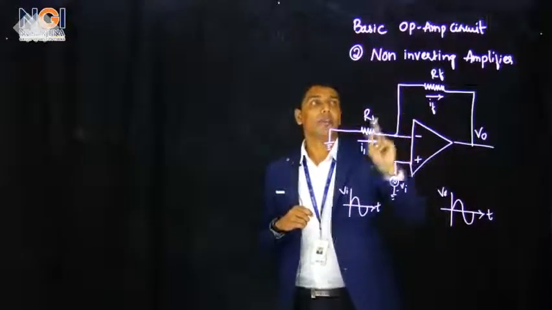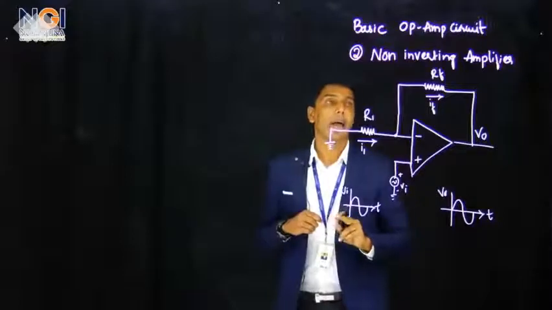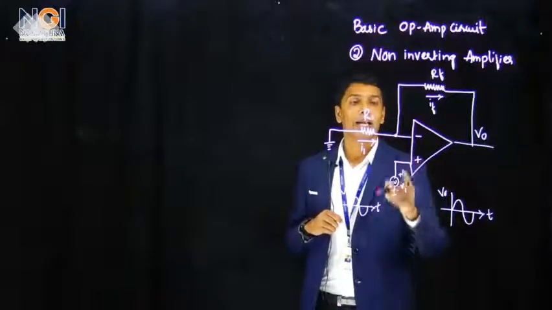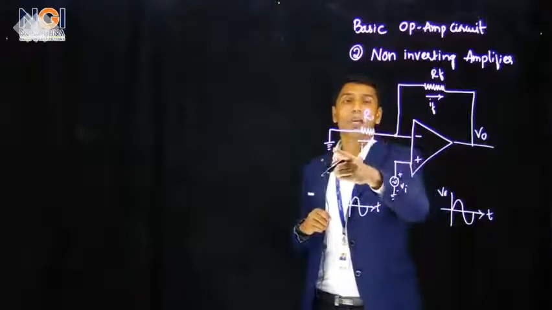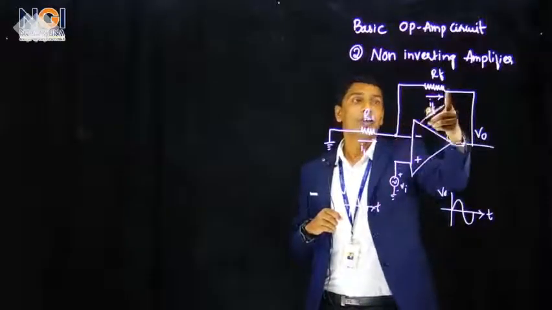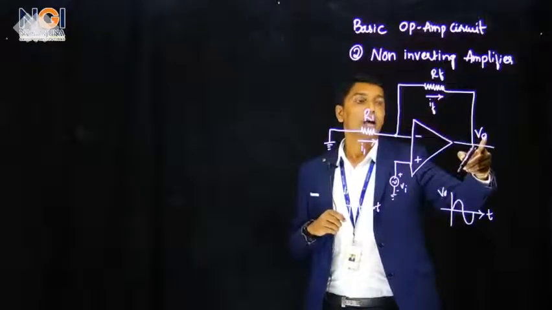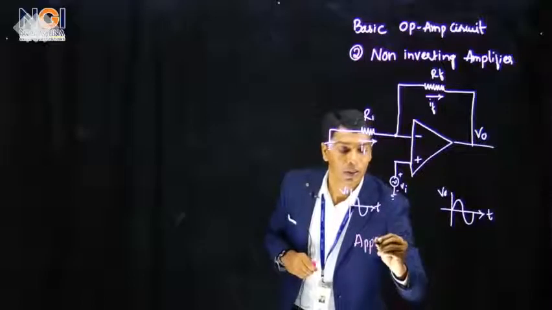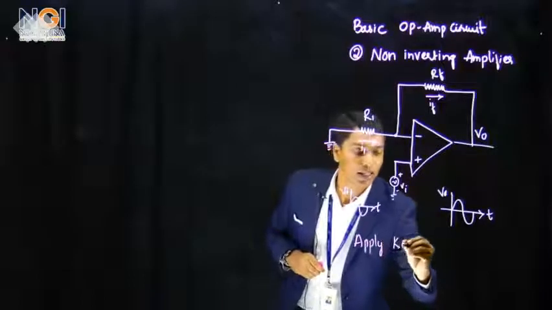The inverting terminal will be grounded, then it is said to be a non-inverting amplifier. RF is the feedback resistor and V out is the output. Apply KCL.